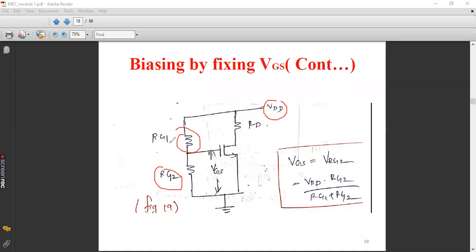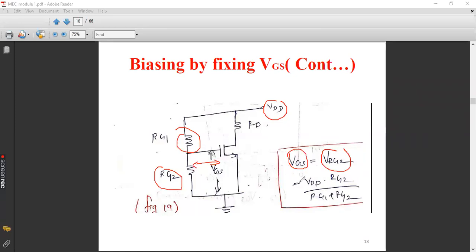By properly choosing the values of RG1 and RG2, you can set the value of VRG2, which is nothing but VGS. You know that for a parallel network, the voltages will be the same. So whatever voltage you have across RG2 will be equivalent to VGS, isn't it?